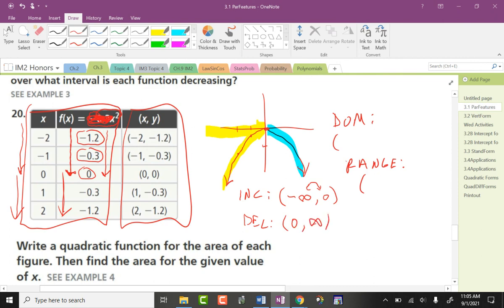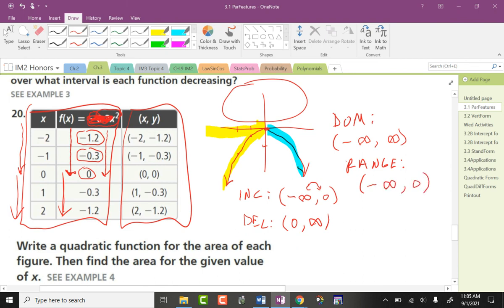Remember, for domain, for specifically squared functions, it is all real numbers. But now notice this range. This range, none of these y's are covered. The graph doesn't exist up there. So none of those y values are on the chart. All right, so actually the range is, remember, you can't say 0 to negative infinity.